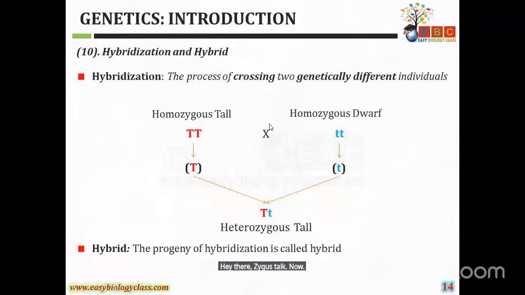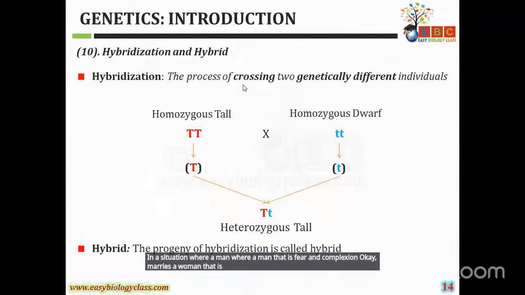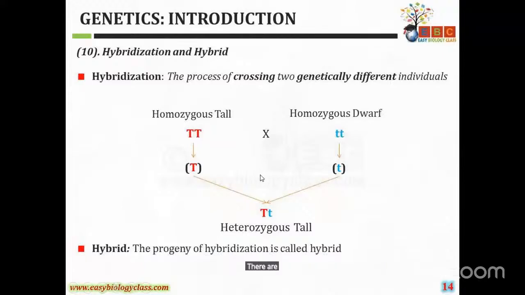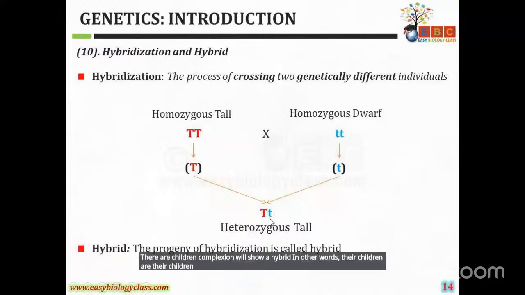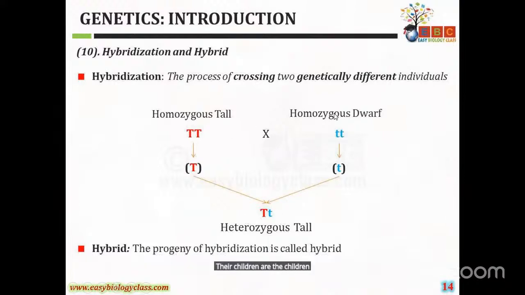Now, in a situation where a man that is fair in complexion marries a woman that is dark in complexion, their children's complexion will show a hybrid. In other words, relative to the two parents, their children are the hybrids of them, because they will now combine the alleles in the two parents to have their own genotype.